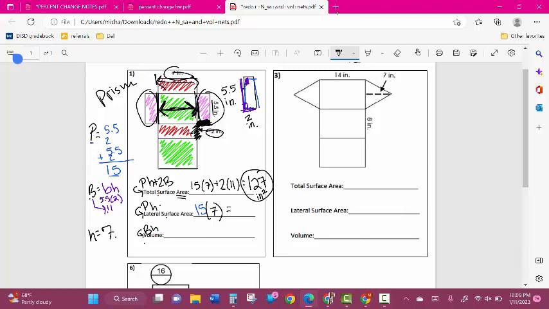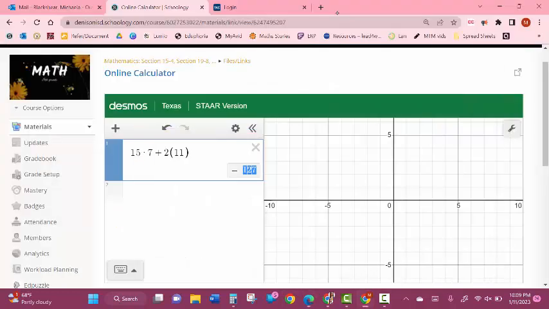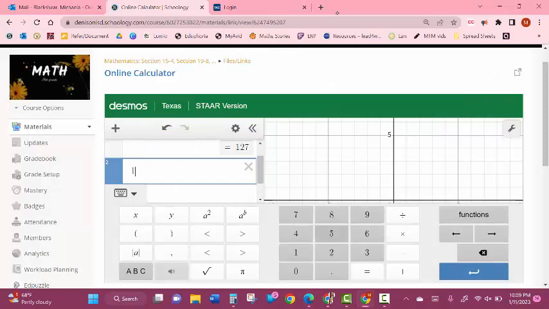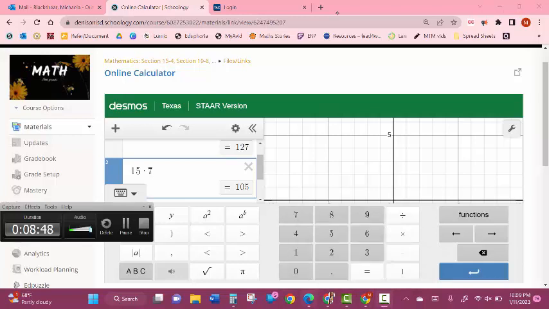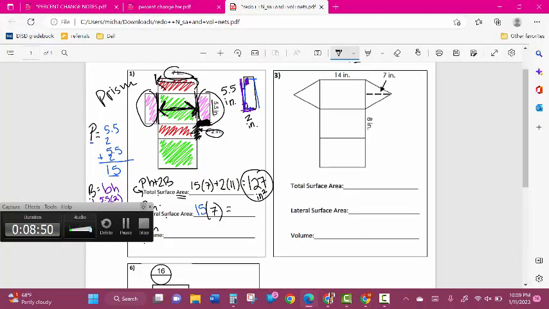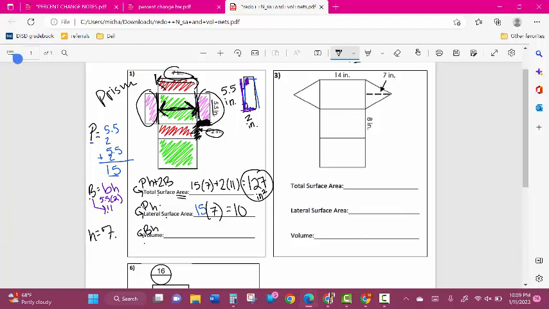You would just type it, that'd be like 70. So 15 times 7, 105. Boom. 105. Again, it's a type of surface area, so the inches are squared.